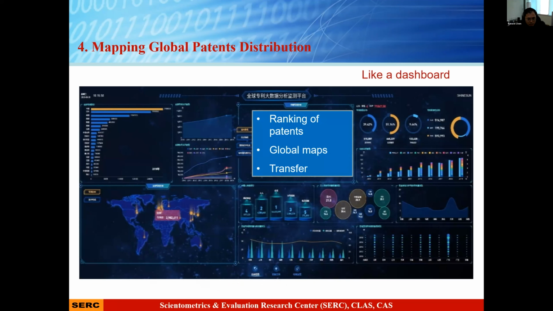Then the 4th work of ours is mapping global patent distribution. Now we have gone to the area of big data, especially papers and patents, which are huge in number.